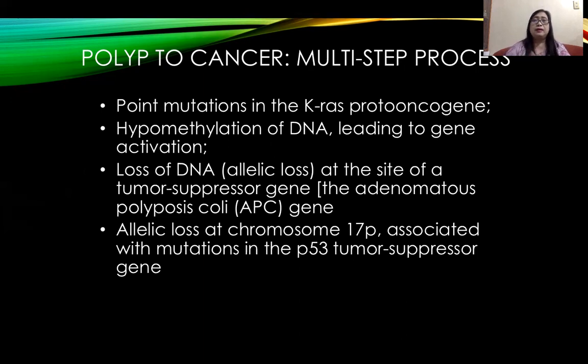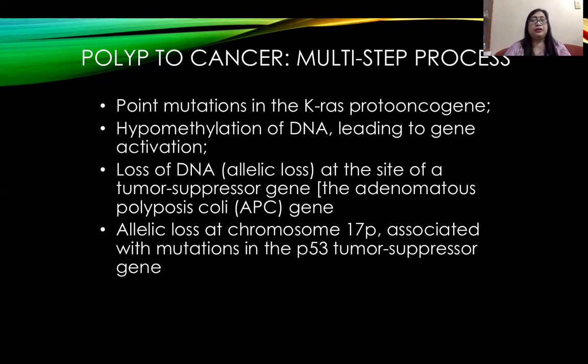So these are the steps that lead into the development of malignancy. There is a point mutation in the KRAS proto-oncogene. There is hypomethylation of your DNA, which leads to gene activation. There is loss of DNA or allelic loss at the site of a tumor suppressor gene, and allelic loss at chromosome 17p.